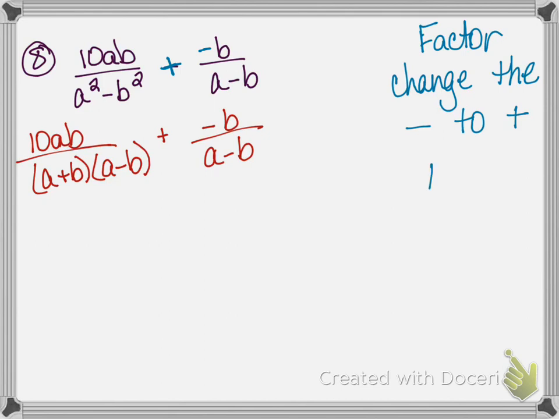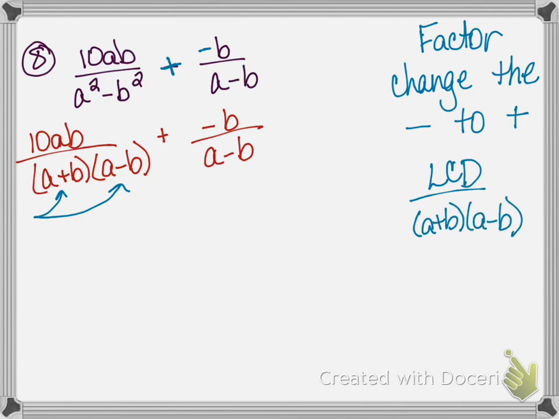So now my LCD, I'm going to write down both of these as part of my LCD. So I have a plus b and a minus b. Here I just have a minus b. I've already got it right here, so do I have to write it down again? I don't. So I'm good. I've got my LCD.